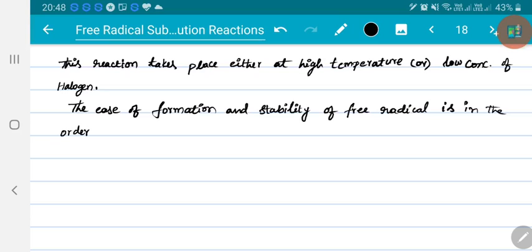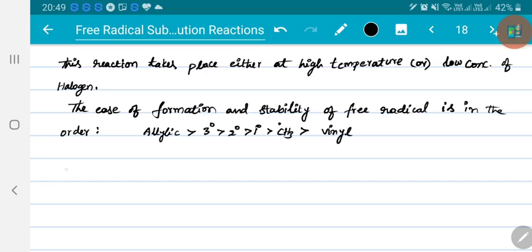When addition reactions occur, you will get vinyl radicals. Vinyl radicals are least stable. So allylic radicals are more stable than tertiary, more stable than secondary, more stable than primary, more stable than methyl radicals, which are more stable than vinyl radicals. That's why allylic substitution occurs more readily. But when you take high concentration of halogens, then addition reactions occur preferably.